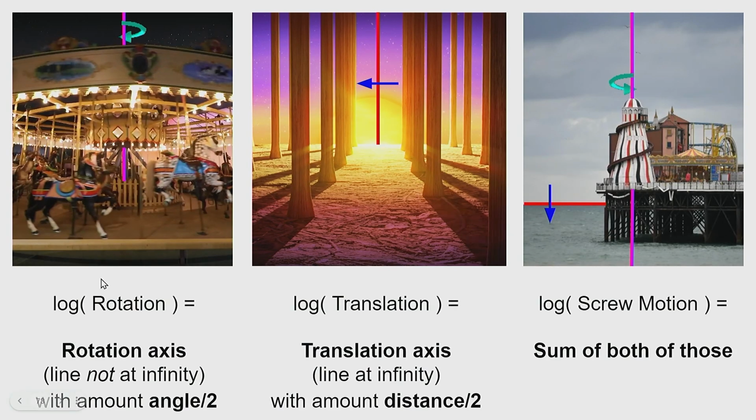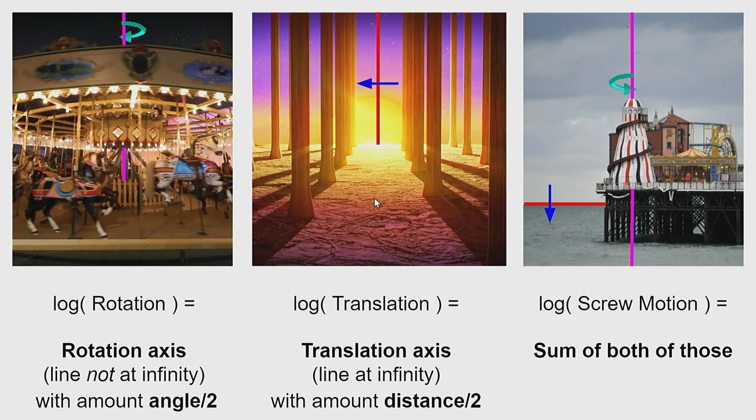It turns out that if you take the logarithm of this rotation, you get the rotation axis, so this line, with amount angle over 2. So we've got that line, but if you do x squared plus y squared plus z squared, the whole thing square rooted, you'll get angle over 2. And this is with a line that's not at infinity, which defines a rotation.